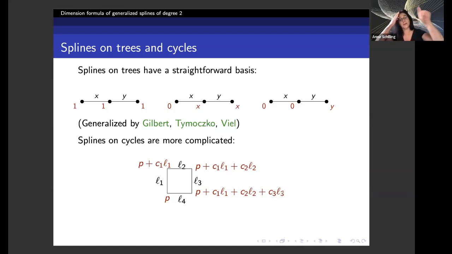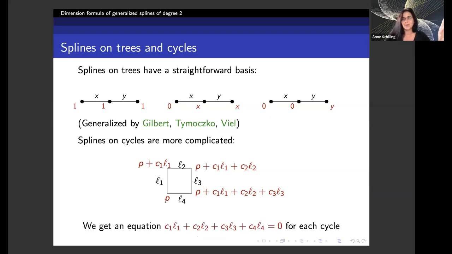But then since we are going around the loop, we also have a condition that this vertex label minus the P has to be a multiple of L4. So really what we get is a condition, if we have a loop, that the sum of the edge labels with these coefficients should be equal to 0 for given cycles.